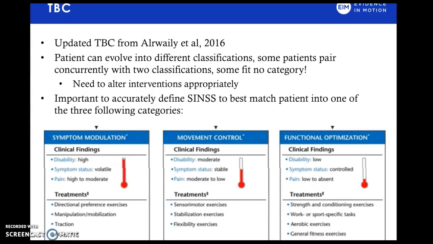Much of the research that's looked at the difficulty in classification really comes out of Stanton et al., JOSPT 2011. And there's a nice follow-up article by Stanton and colleagues, JOSPT 2013, which is in the additional readings folder of block 1. They really looked at what are the characteristics of people who are unclear to classify using the TBC.